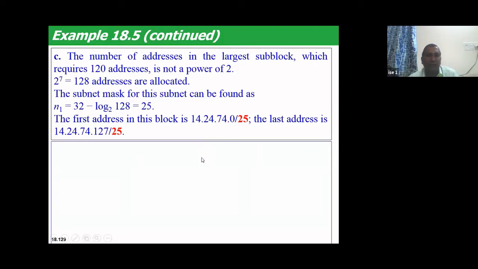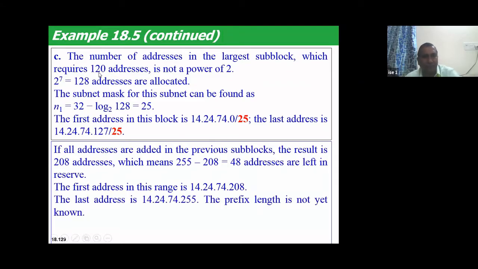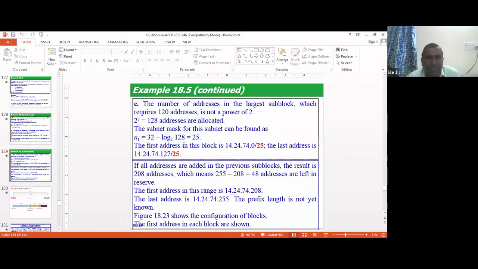Now the third one, this we have already seen. This should have been 10 actually, I'm sorry. The problem said we wanted 10 addresses, right?